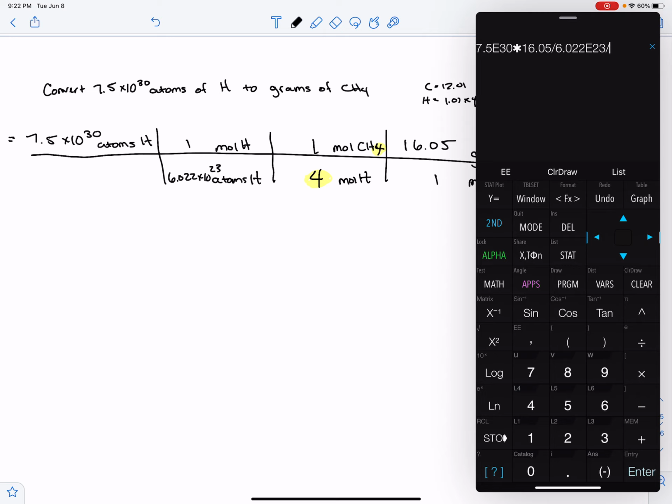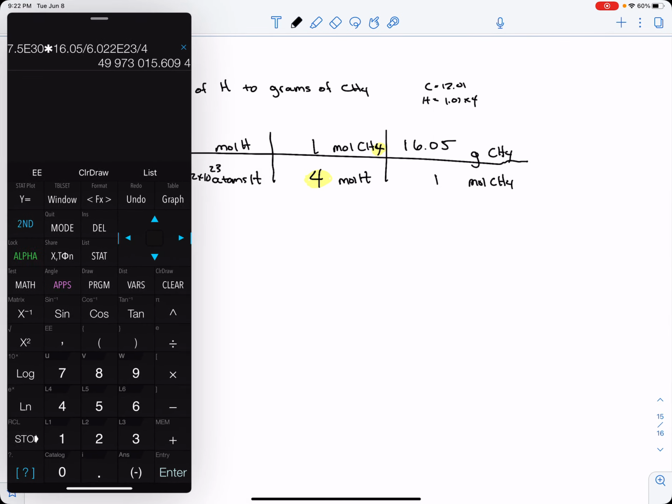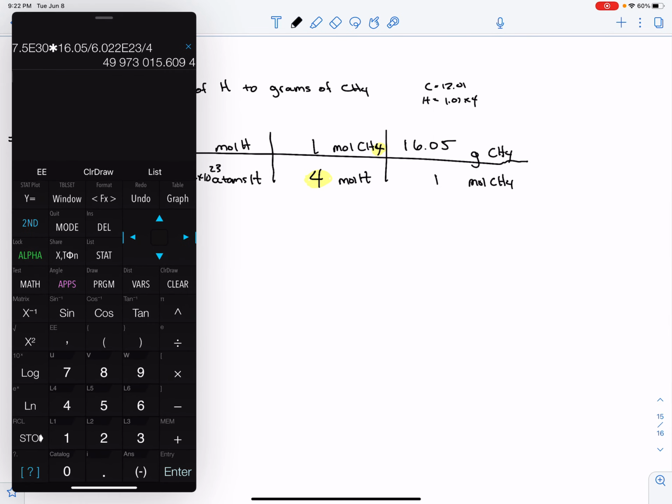I'm going to use my divide sign again and divide it by 4. And so that gives me a number that I'm going to have to look over and calculate. 1, 2, 3, 4, 5, 6, 7. I'm actually using my pen to move this over in my head. I'll fix my sig figs in just a second. To the 7th grams of CH4.